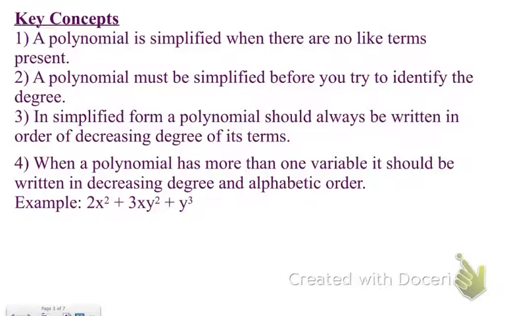And when a polynomial has more than one variable, it should be written in decreasing degree and alphabetic order. So for example, 2x squared plus 3xy squared plus y cubed. Well, sometimes you'll ask, well, why is the y cubed last? And that's because you have to do alphabetical order and then order of degrees. So xy is technically a term that would come before y because it has an x in it.